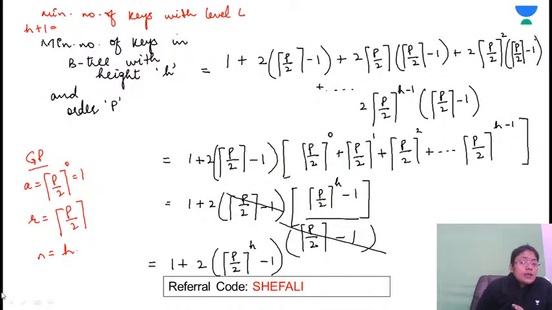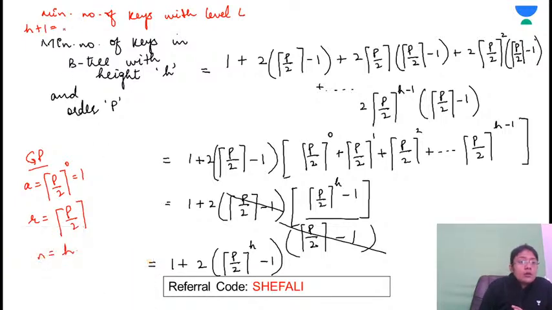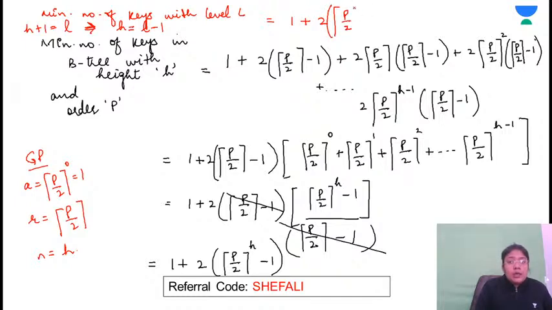So in simple terms, we can say that h is nothing but level minus 1. So already you have got the formula for h, so just replace it with L. So this comes out to be 1 plus 2((p/2)^(L minus 1) minus 1).